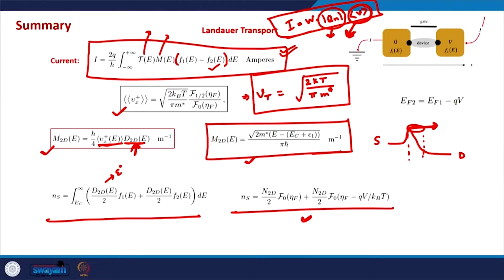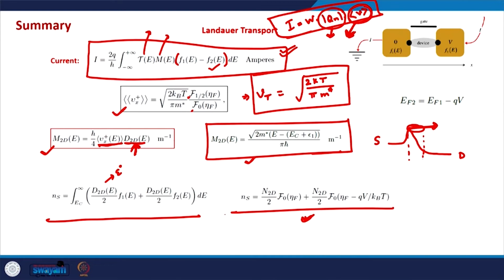So I would just halt for a moment here and tell you about an observation about these calculations. You might have observed that various orders of Fermi-Dirac integrals are coming in the expressions.